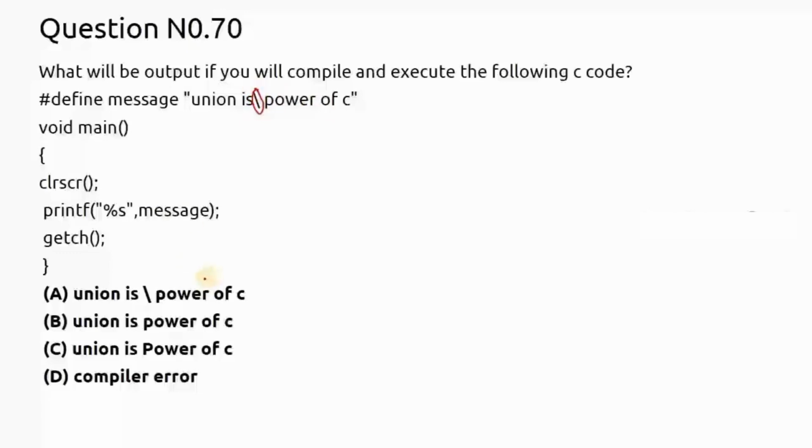So you need to remember this point also, even if it is hash and even if it is slash. Here it will be skipped and it only prints the remaining. So option A is not, option B is the right. Option C, if you see, it's a capital letter, it will not make it as capital P, uppercase of P. So it's nowhere a compiler error. So the option B is the correct answer. There is no further logic.